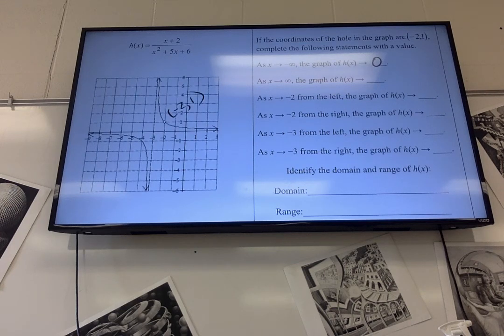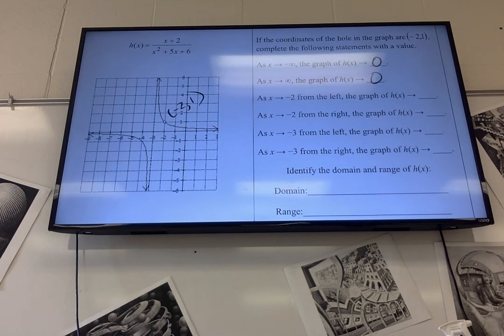Okay, so as x approaches infinity, what is h of x approaching, Donna? Or y? What is y getting closer and closer to? So as I go this way. Yes. Excellent.